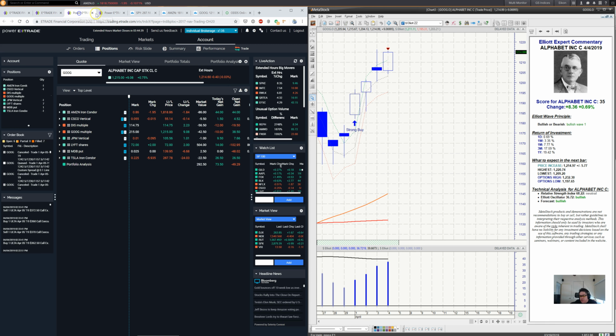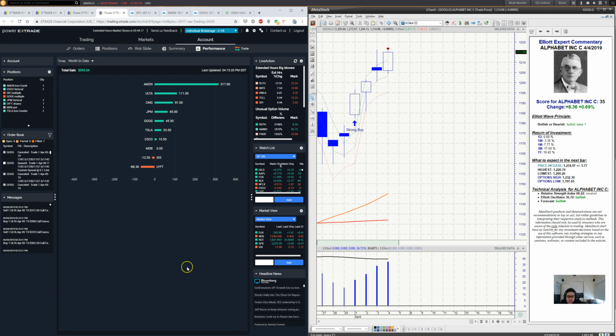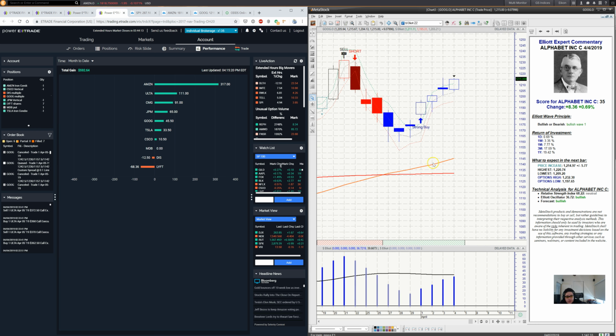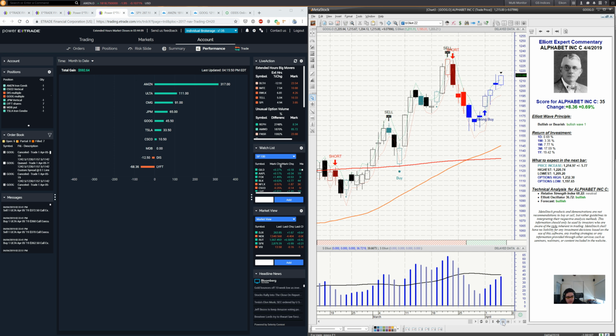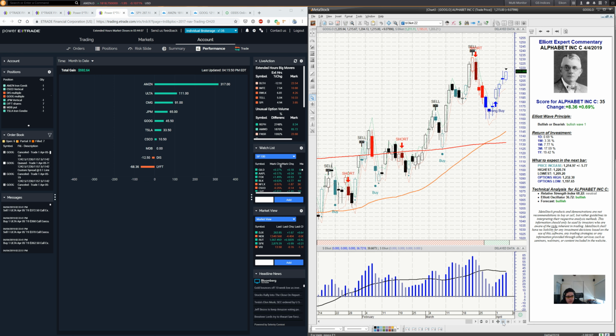I have like 7 shares. It's not much, but I really want to make sure that as an option trader and as a person that trades the market, you understand that it's impossible not to have losers. But right now, I believe if you're very good, and if you use the Elliott indicators that we have programmed, these are very simple indicators, very clear when you should buy, when you should sell.